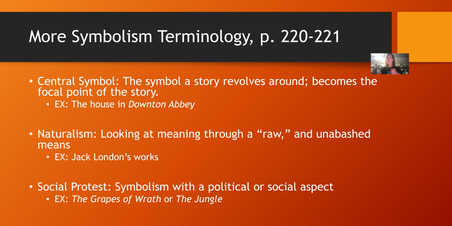The book was so influential that the President of the United States at the time actually read The Jungle and was so moved by Upton Sinclair's work that he got legislation passed to help these industrial workers have a better life for themselves. Which is crazy, that a book caused revolutionary legislation change. To think about that happening in modern day is pretty crazy. But that's just an example of social protest. So that's our chapter on symbolism and point of view.